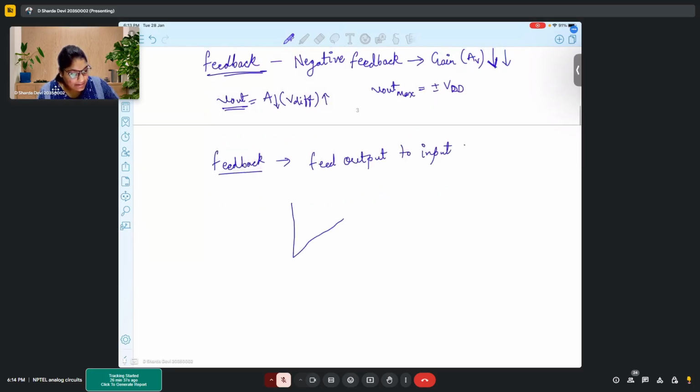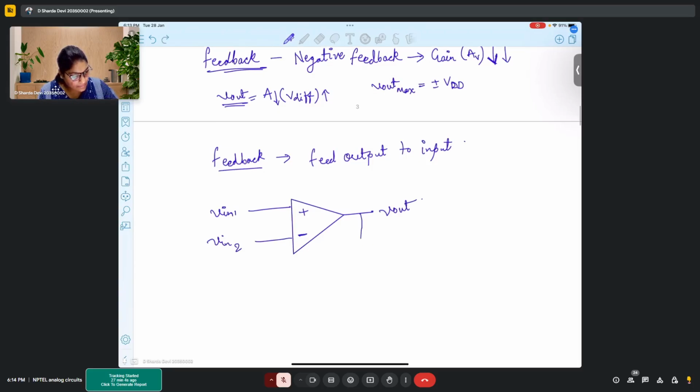So say in our op-amp, if this is my op-amp, and if I connect my output to input, then this is the feedback path.